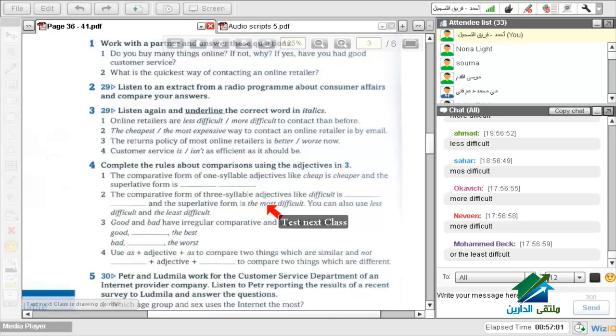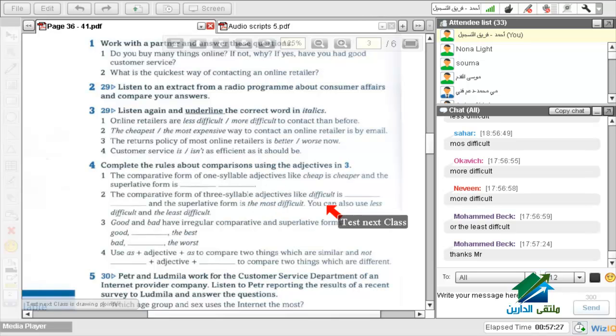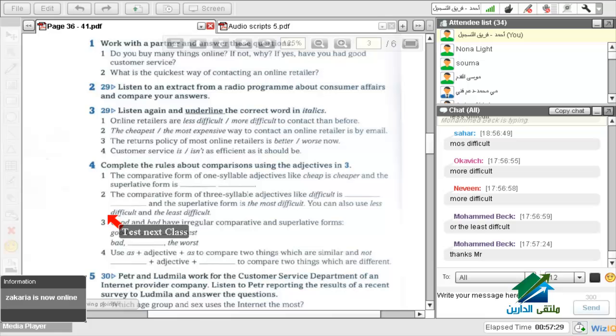And the superlative, the most difficult. Good job. Naveen, more difficult. Okavich is saying more difficult, or the least difficult. Muhammad Bek, good answer. But the least difficult will be in the superlative here. You can also use less difficult and the least difficult.